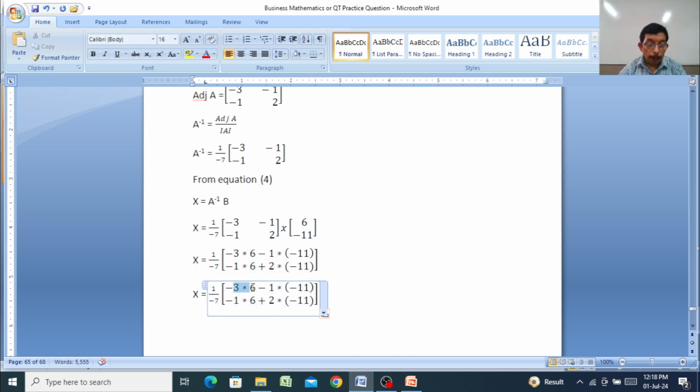Minus 3 multiplied by 6, the answer is minus 18. Minus 1 is multiplied by minus 11, minus 1 times minus is plus 11. Sign is plus. Minus 1 is multiplied by 6, the result is minus 6. 2 is multiplied by minus 11, 22, note down 22.